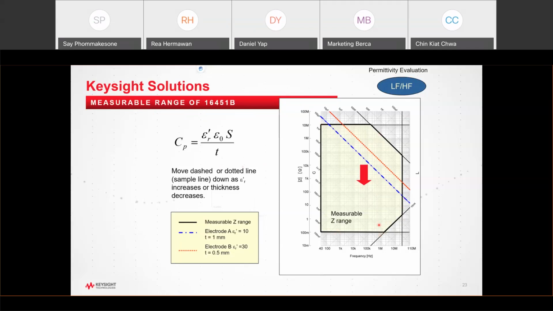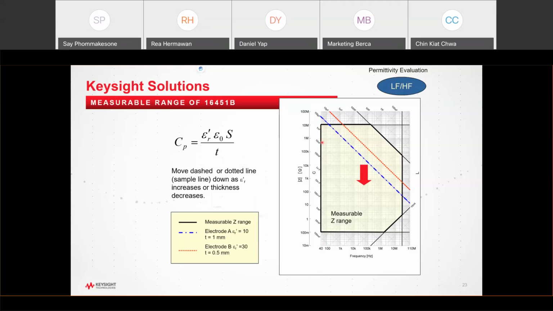As an example, for the blue trace, the equivalent capacitance is 100 picofarads, the relative permittivity is 10, and the sample thickness is 1 millimeter. At low frequency, you can see here from 40 hertz to roughly 200 hertz or so, that is outside the range, which means this is not a usable result.